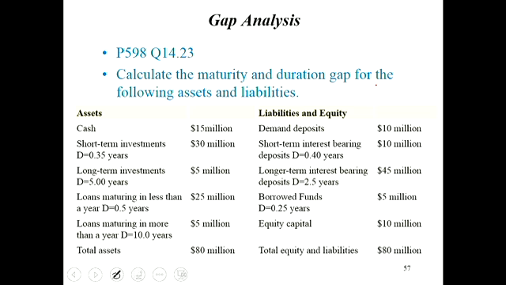In actual fact, because they're 10 years, loans maturing in more than a year, assuming they're not floating rate or anything silly like that, then they won't have an interest rate review in that year. So they're rate insensitive, and we can leave them out. So on the asset side, we've got $55 million total in assets that will come up for an interest rate review within a year.